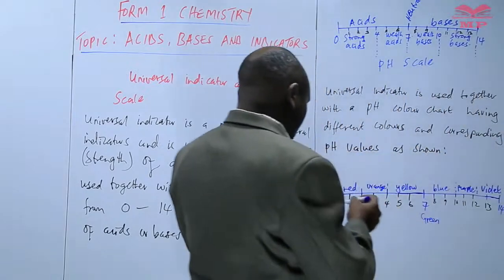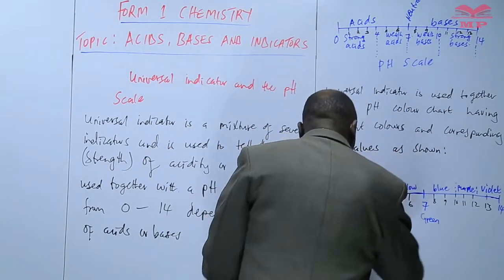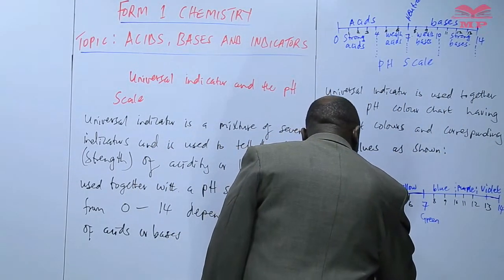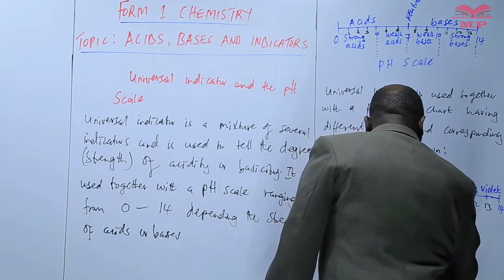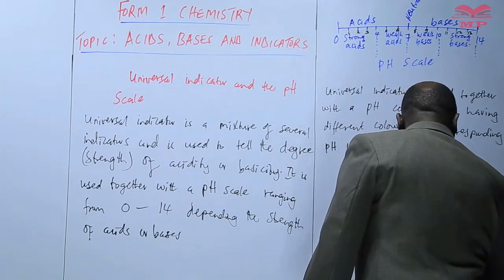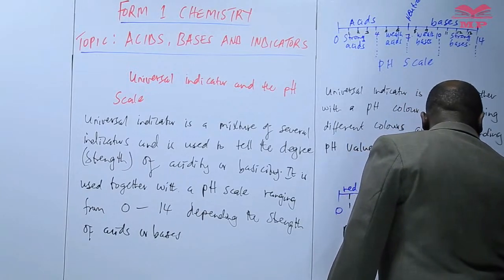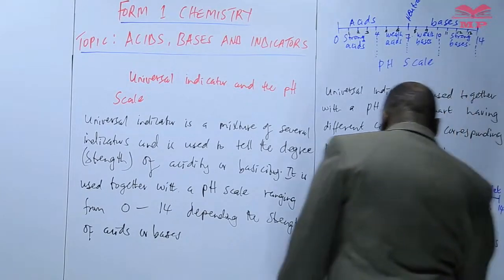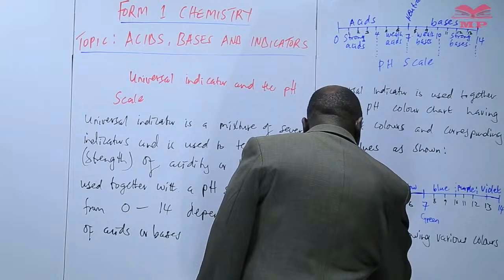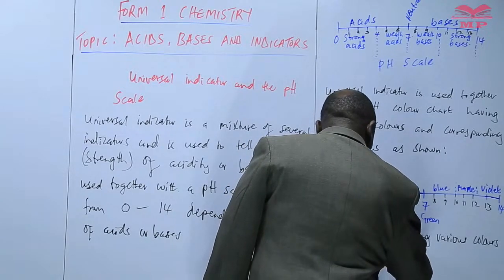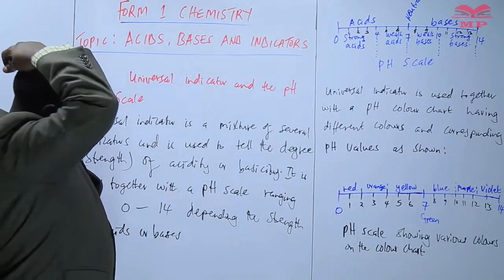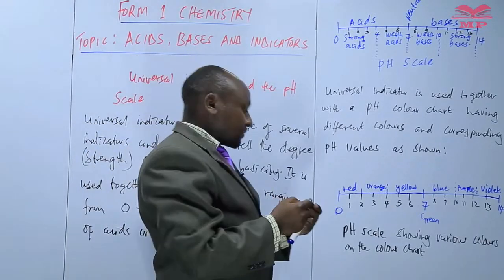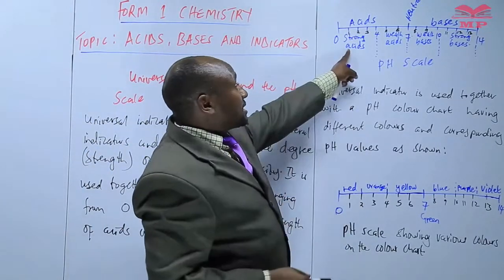So that is the pH scale showing various colors on the color chart. If the color is red, it's a strong acid.